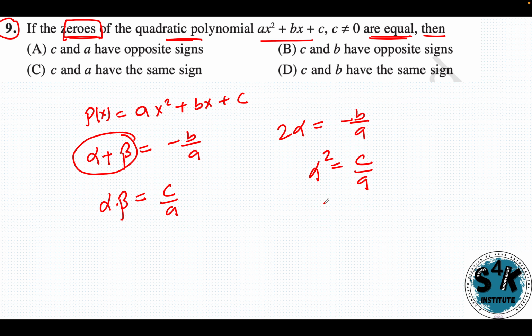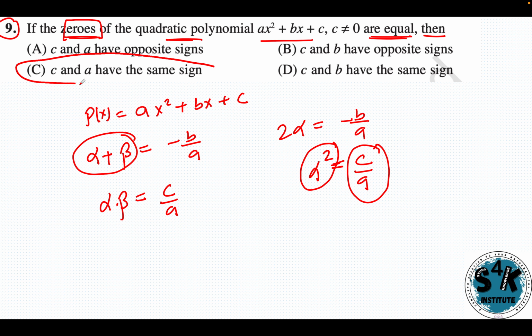Now c by a can never be negative, right? Because alpha square is a positive number, and c by a can never be negative. So c and a have to have the same sign.